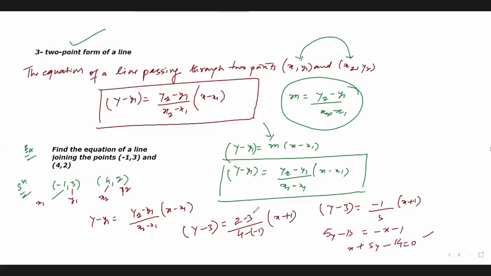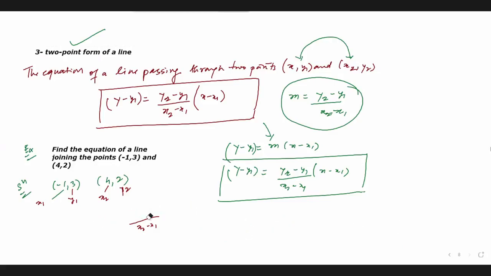y2 minus y1 divided by x2 minus x1. So like this we can calculate the 2-point form of a line. Let's do this question once again. So the required equation is y minus y1 is equal to y2 minus y1 divided by x2 minus x1 into x minus x1.